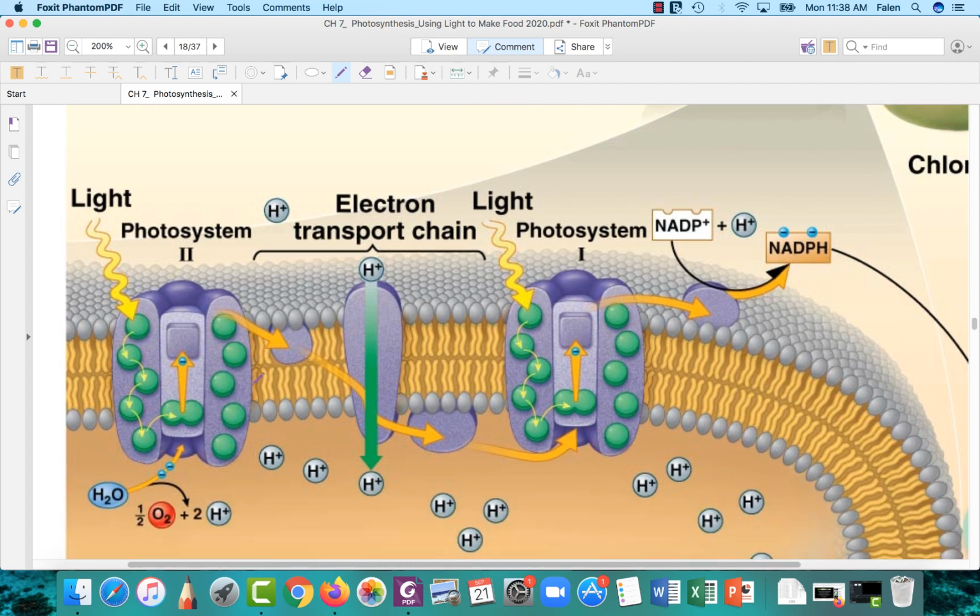Light reactions. This is how it works. First of all, we have photosystem 2 in line. And then we have an electron transport chain, and then we have photosystem 1. Notice really quick, and this is incredibly significant, that photosystem 2 comes first, and then photosystem 1 comes second.